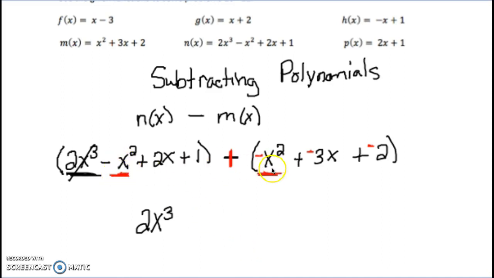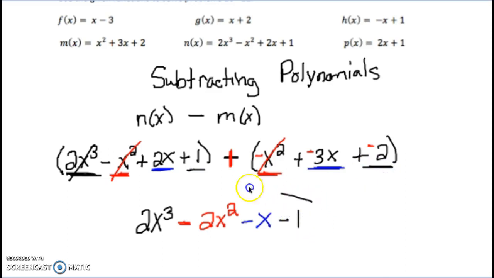So a negative 1x squared and a negative 1x squared give me a negative 2x squared. We do not combine the exponents. If I have 2x, I can combine that with my negative 3x, which gives me negative x. Then I have 1 and negative 2, which combined give me negative 1.